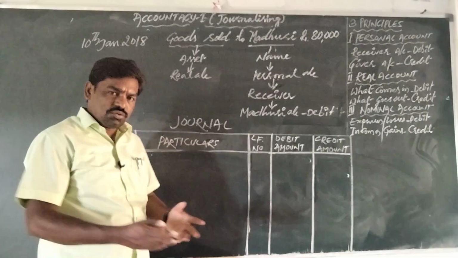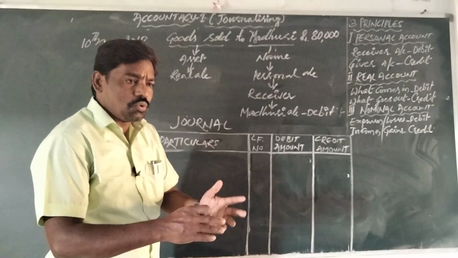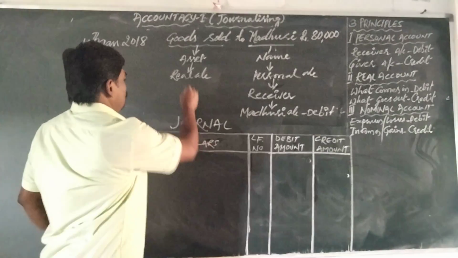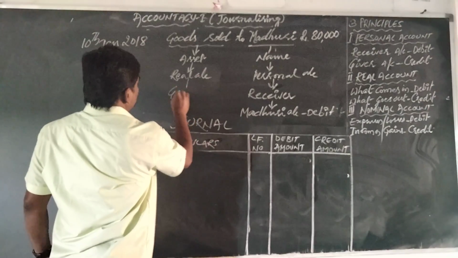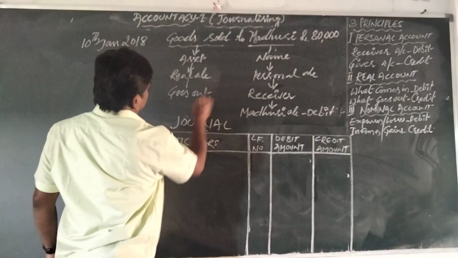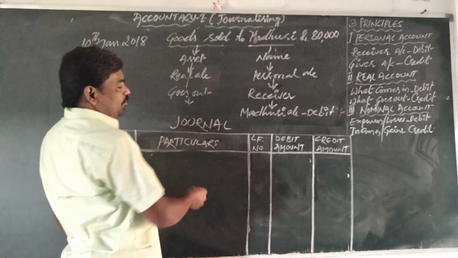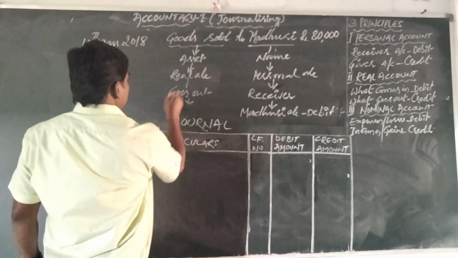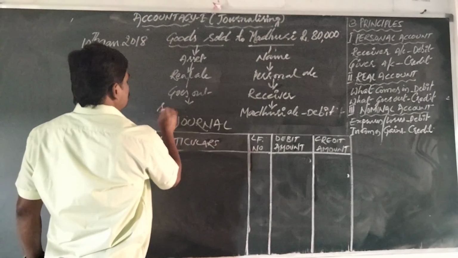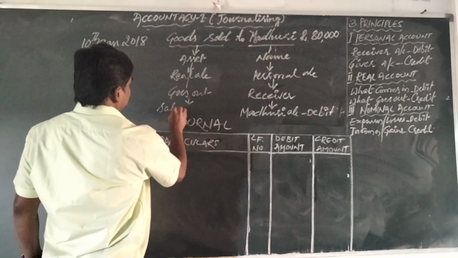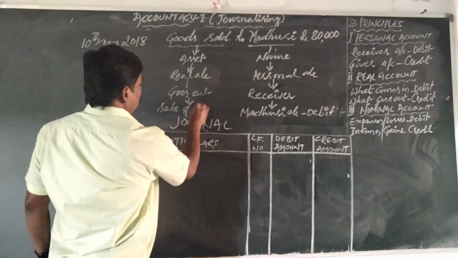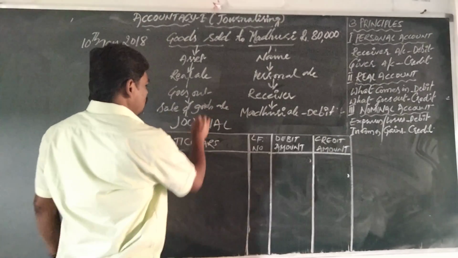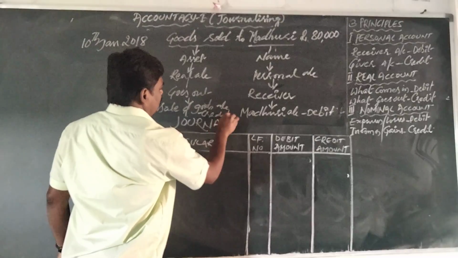Generally, goods go out of the business, and whatever goes out of the business should be credited as per the real account principle. So the sale of goods account should be credited.